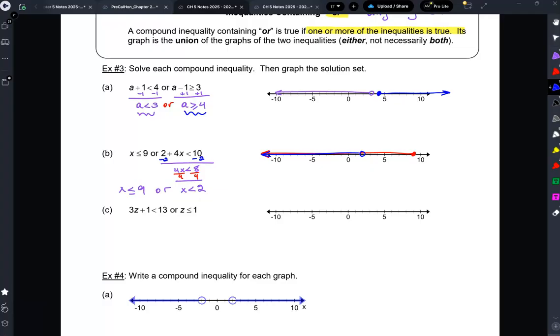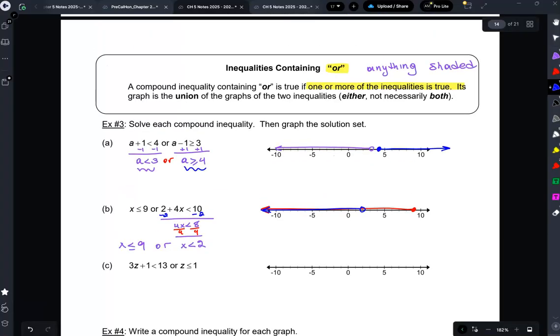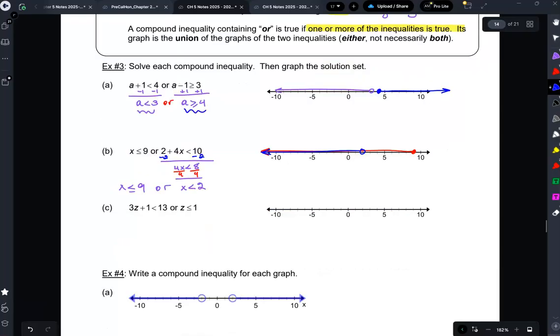What did we write here? Anything that's shaded is part of the solution. So does negative 5 work? How about 0? How about 5? Yes. How about 10? No.